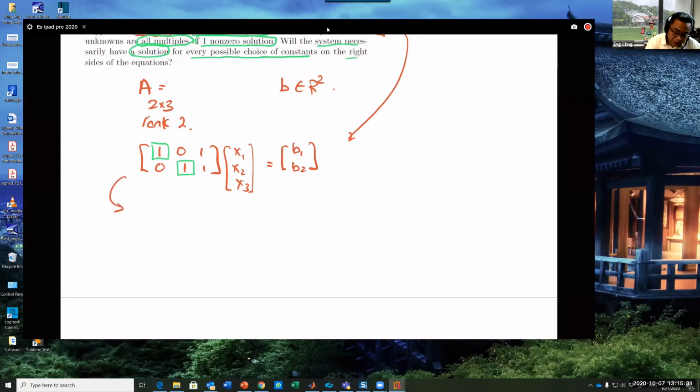So I'm going to expand this matrix vector multiplication to be x1 plus x3 is equal to, let my right hand side be 0 first, okay guys? So I'm going to set my right hand side to be 0 first, the homogeneous problem. And the second equation is x2 plus x3 is also equal to 0.